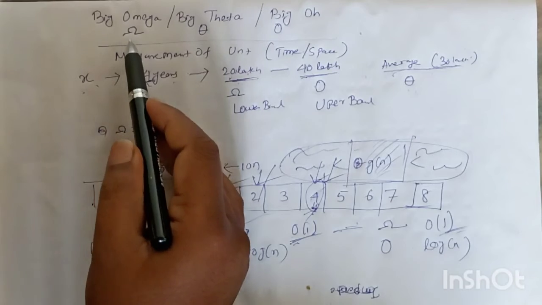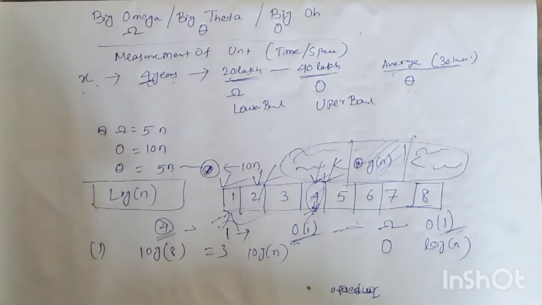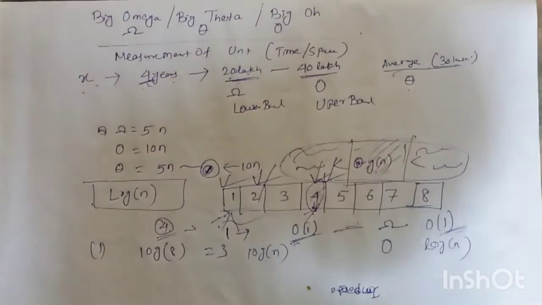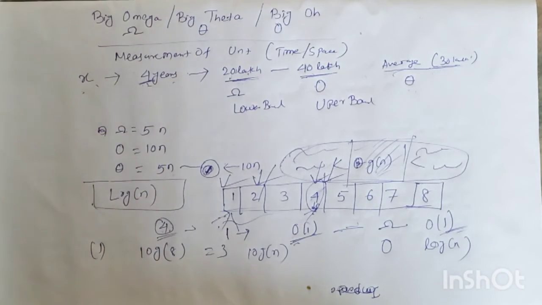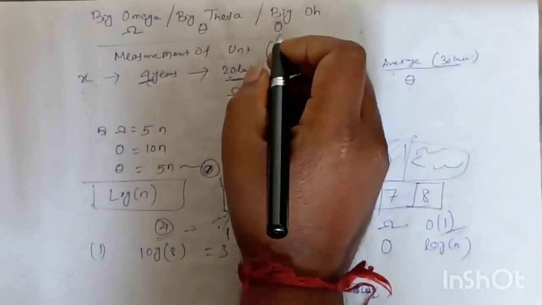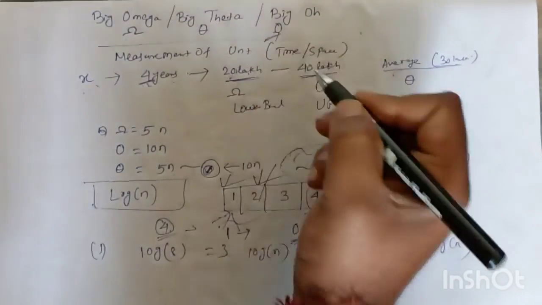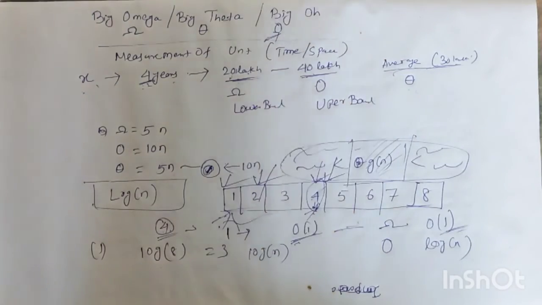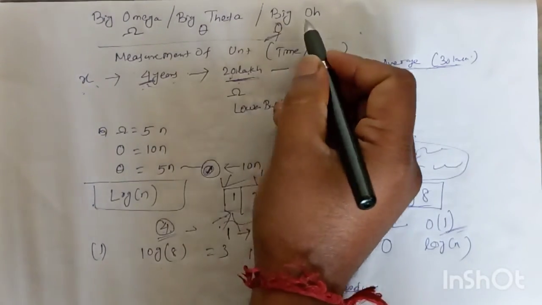Although omega tells us the best case, we are always worried about the worst case, not what the output of our algorithm will be in the best case scenario. That's why in most interview questions, whenever they ask about time complexity or space complexity, they ask you about big O notation. Unless it is specified what omega or theta is, always give the answer in terms of big O notation.